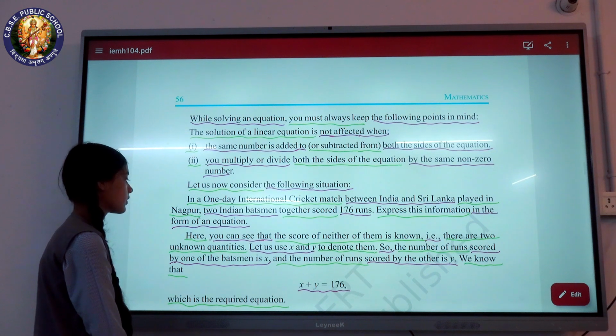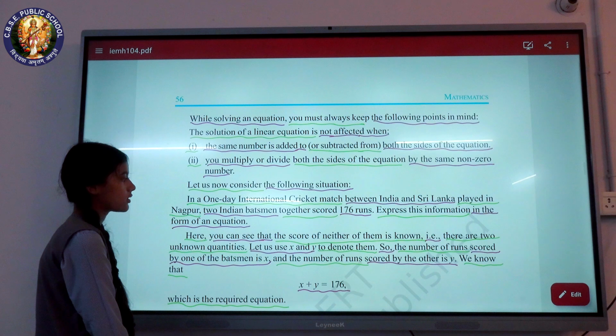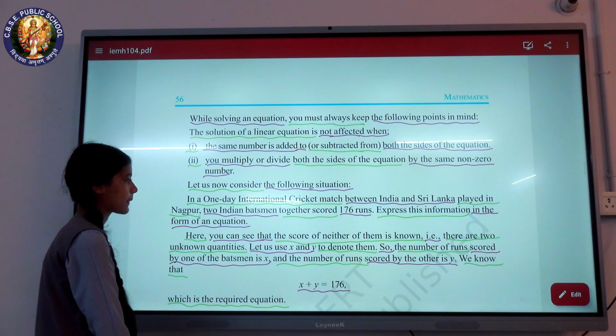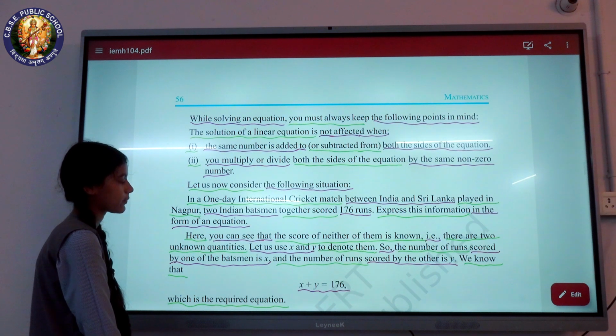Here, you can see that the score of neither of them is known. That is, there are two unknown quantities. Let us use x and y to denote them.